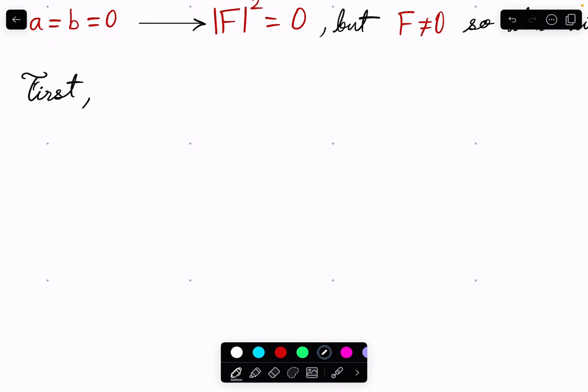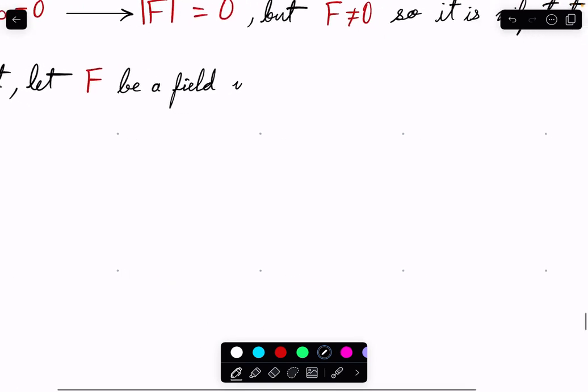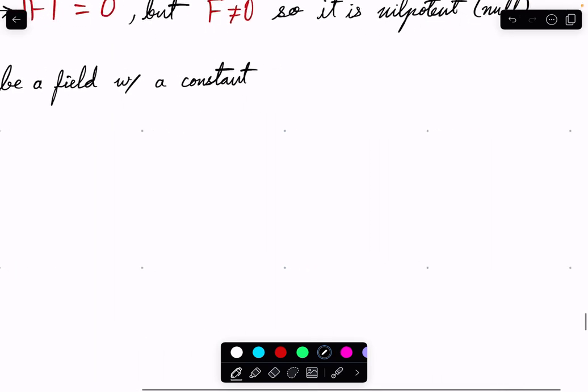So first, let F be a field with a constant canonical bivector.